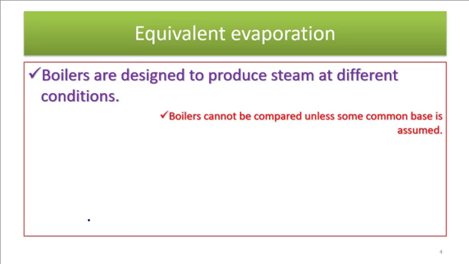The boilers cannot be compared unless some common base is assumed. So simply rate of steam produced per hour, per unit furnace volume, per unit grate area, these are not uniform for all the boilers. Therefore, a common base has to be sorted out to compare two different boilers.